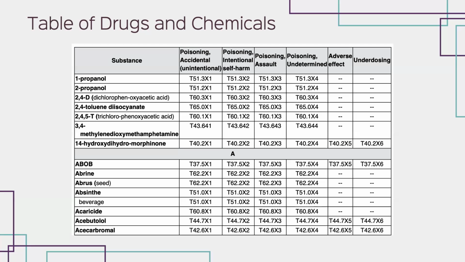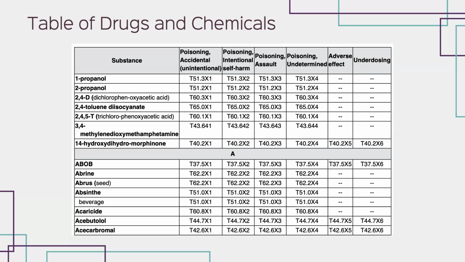You do have, again, 7 columns within the table. The first column is going to identify your substance, and it's going to follow an indented format, just like the rest of your alphabetic index. You do have 4 different types of poisonings in columns 2 through 5. A poisoning will occur when a drug is taken in the wrong dosage or it is taken in error.